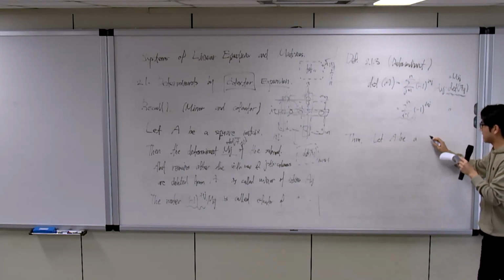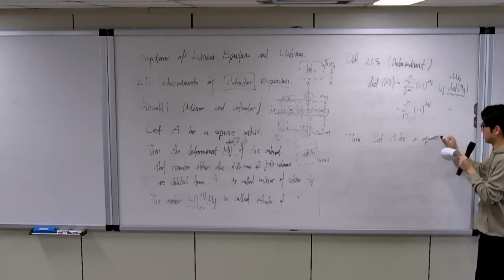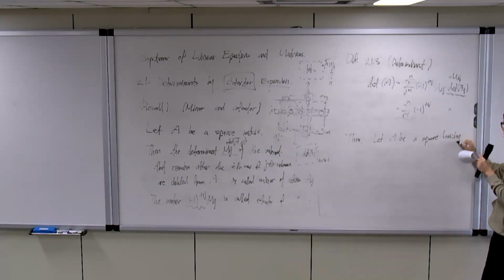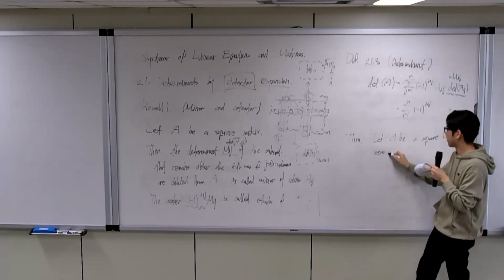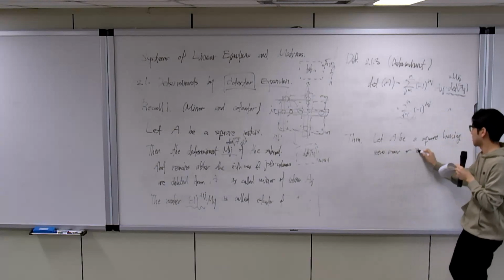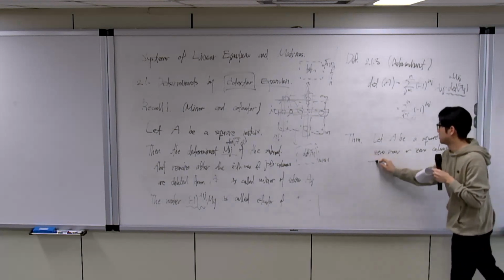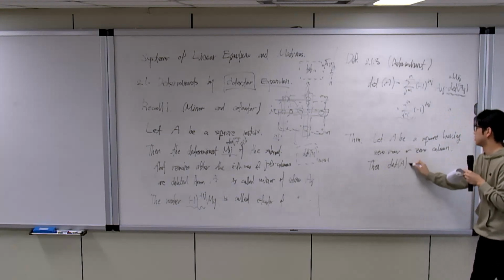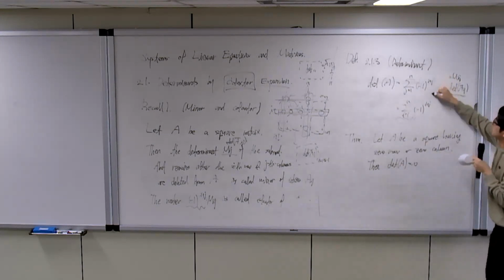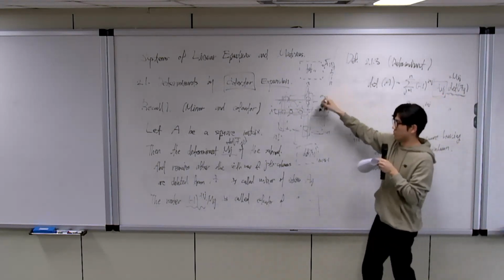If A is a square matrix and it has a 0 row or 0 column, then the determinant of A will be 0, because we will multiply the entries of Aij's column or row, one row.